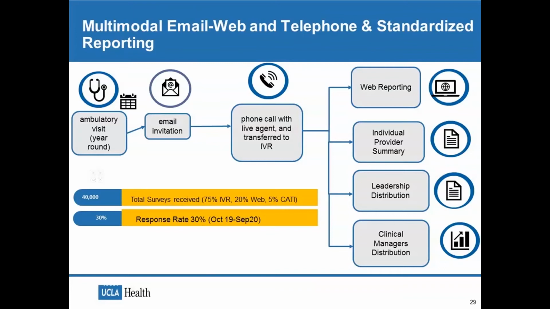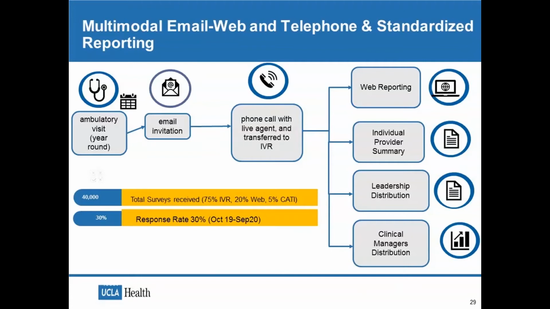After a specified period of time, if that doesn't happen, then a live agent calls the patient and inquires whether or not they would be willing to do a survey. Then the patient is transferred to an interactive system to do the survey by telephone.